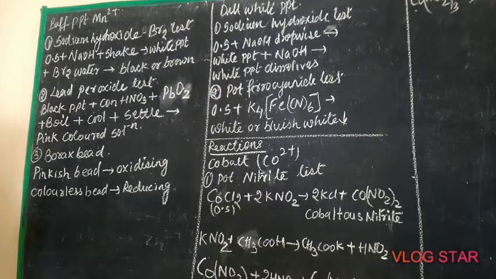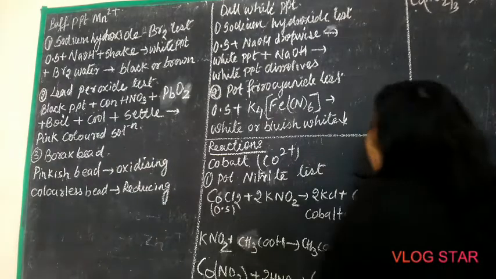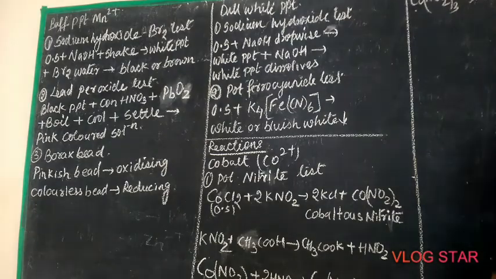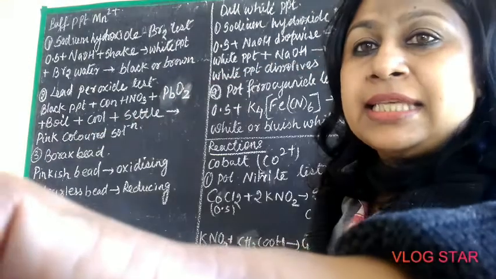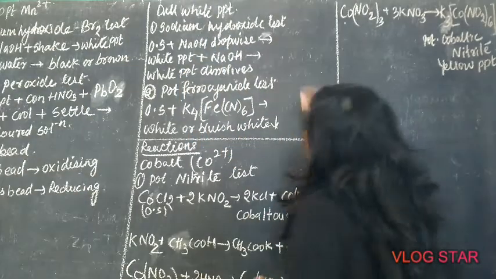Now borax bead test: it gives a pinkish bead in oxidizing flame, while it gives a colorless bead in reducing flame. Now confirmatory test for dull white precipitate, that is Zn2+.